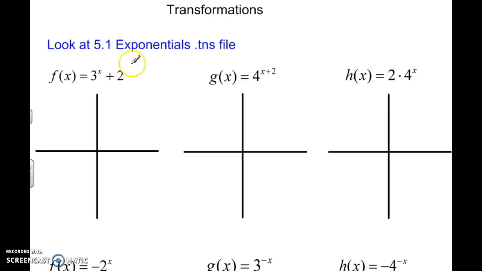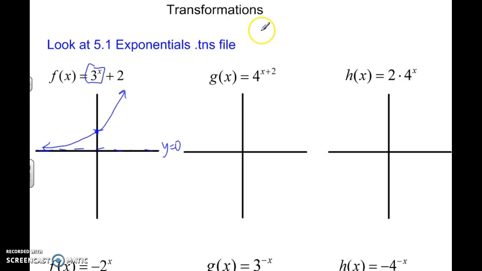So when we start with these graphs like 3 to the x, let's start by graphing the parent graph in every case. The parent graph just crosses (0, 1), has an asymptote at y equals 0, and the graph behavior looks something like that. So now let's talk about transformations.